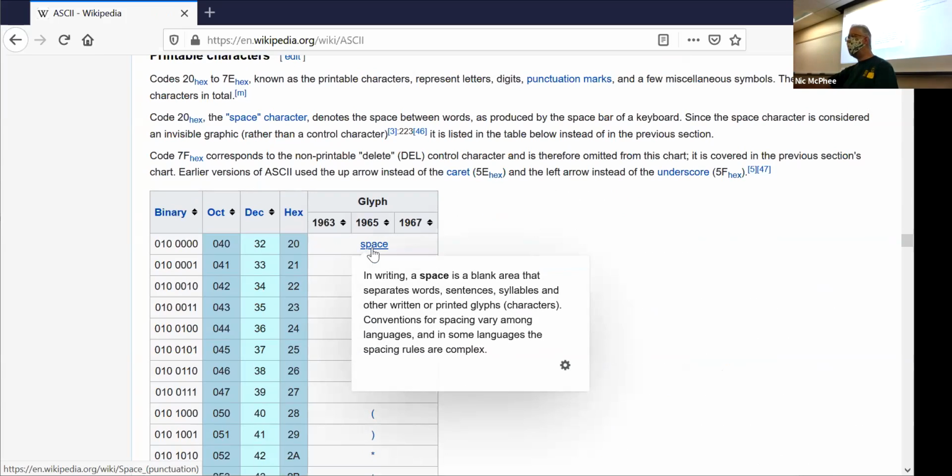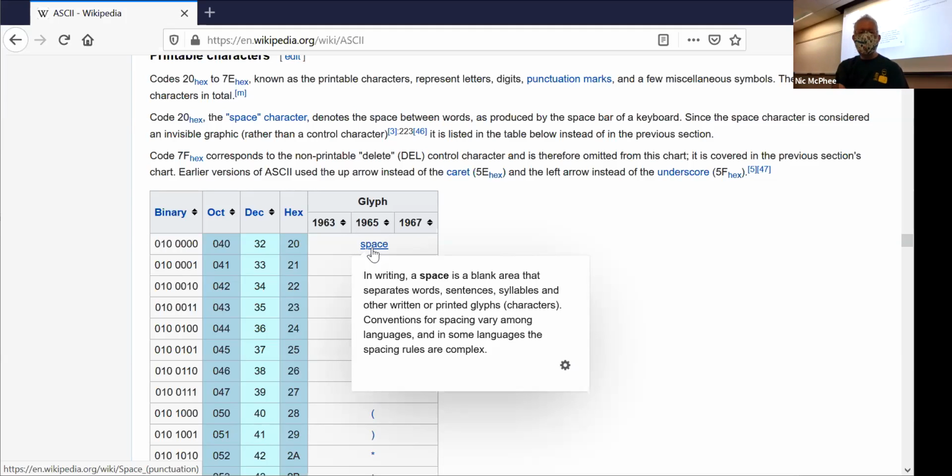And so if you have the text, hello world, that's going to be 5 letters for hello, and 5 letters for world, and 1 for the space that's in between them. So that's a total of 11 letters to say hello world, not 10 letters to say hello world. Does that make sense?